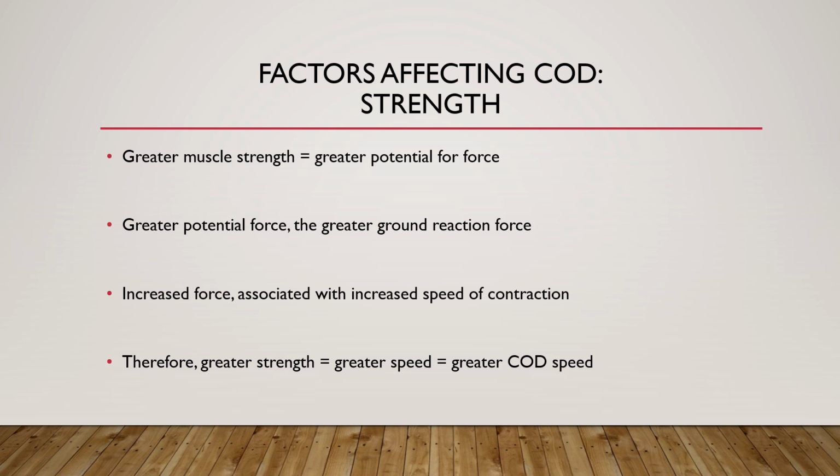So if we have greater strength for both absorbing and exerting force with a greater speed of contraction, in theory this should lead to a greater overall change of direction speed, because we're able to decelerate quicker, we're able to then re-accelerate quicker as well.